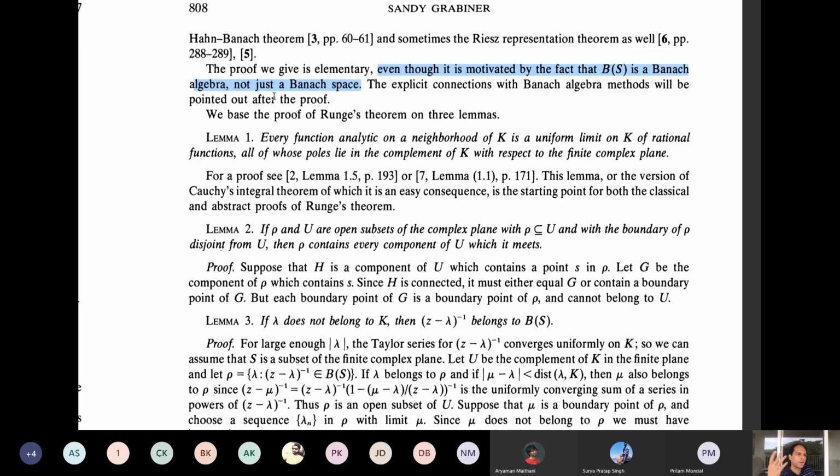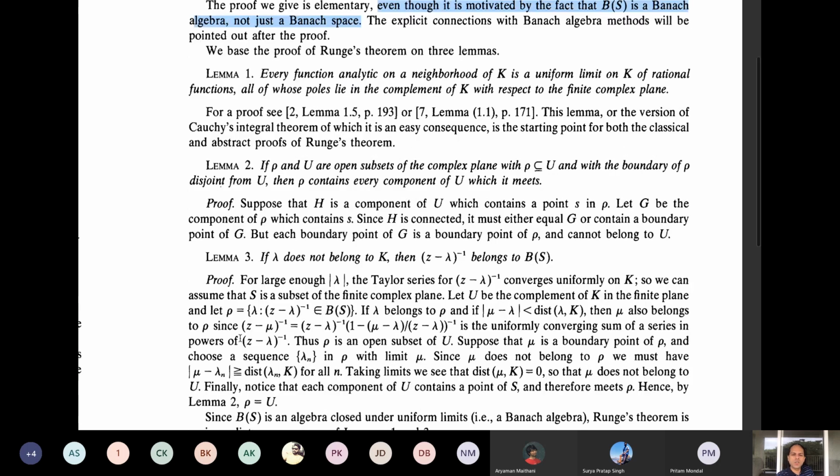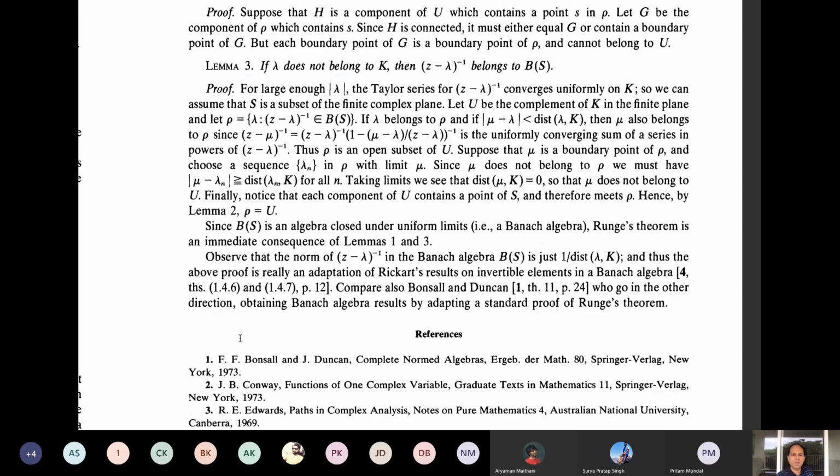So it's a closed subspace of a Banach space. Therefore, that's also a Banach space. So M bar is a Banach space, but it is also a Banach algebra. So that's extra structure. There's a multiplication which has some compatibility with the norm. We are not going to use the word Banach algebra in this proof. Conway, I don't think, uses that word. So it appears elementary, but it is motivated by this observation, and that observation can be written in terms of elementary things, and that's how the proof will go. Let's do this proof. It's interesting.